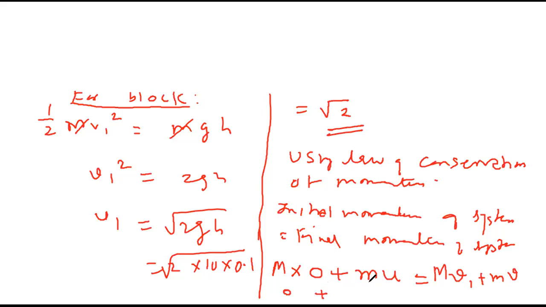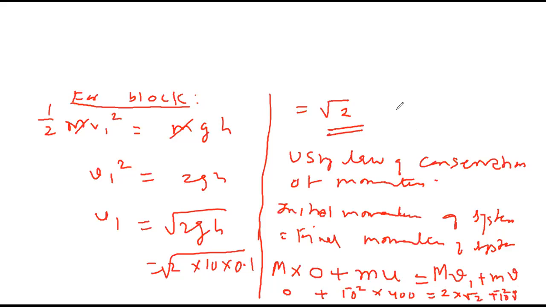So 0 plus mass of the bullet, how much is given? 10 gram, which means 10 raised to minus 2 kilogram, into velocity 400. The mass of the block is 2 kg, right? 2 into root 2 plus mass of bullet 10 raised to minus 2 into velocity.